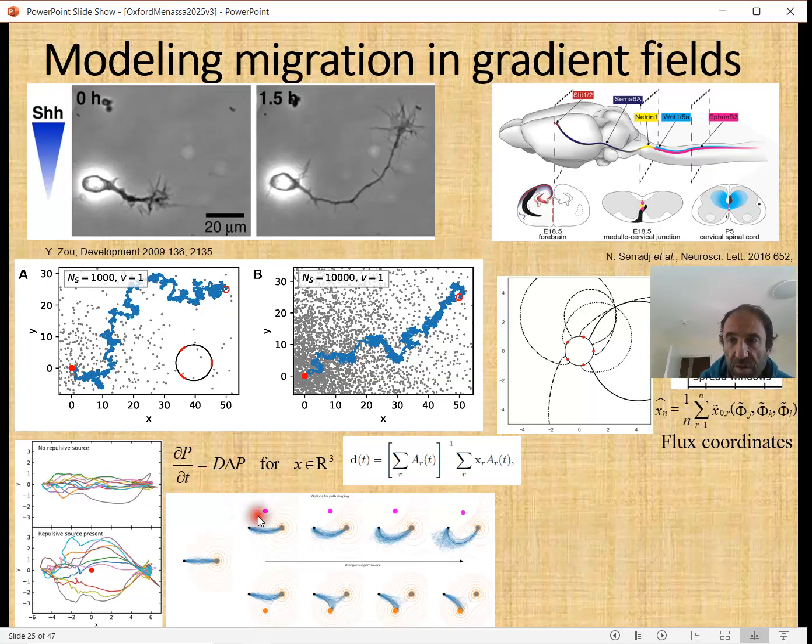So if the trajectories are repelled, it means that they are going to avoid the center, and you can see as the repellent strength increases, you get this arc type behavior for the majority of the trajectories.